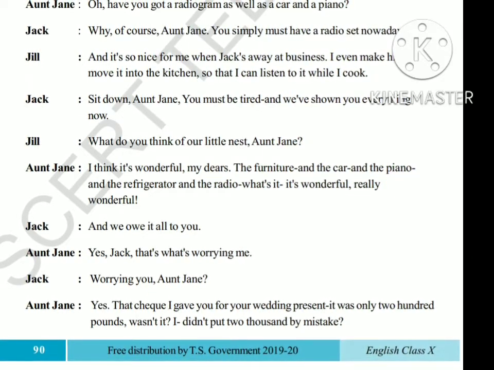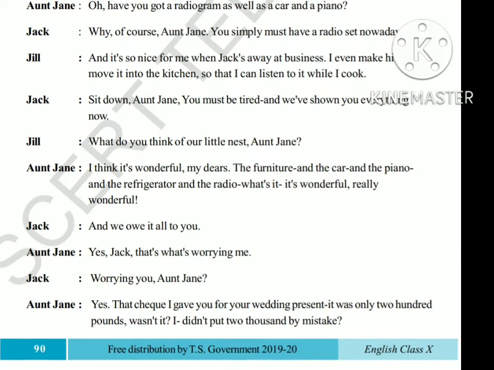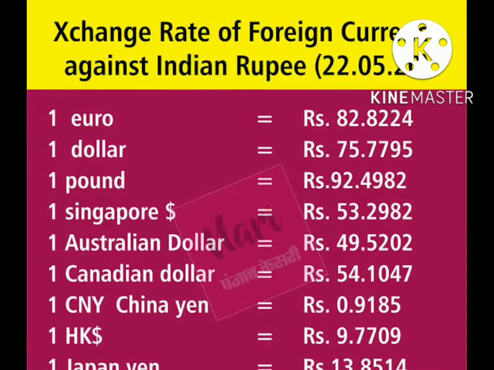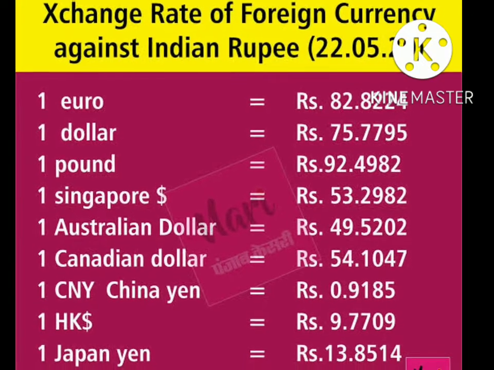So, owe means to be in debt. Here, from Aunt Jane, Jack and Jill have taken some money, and with that money they have bought all these new items.